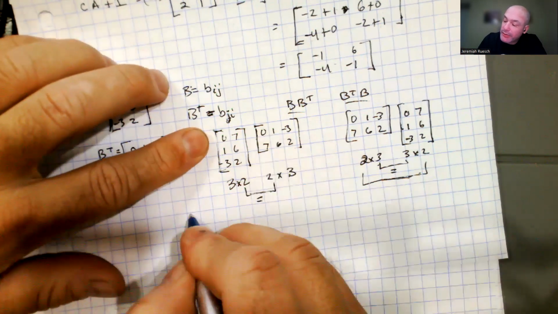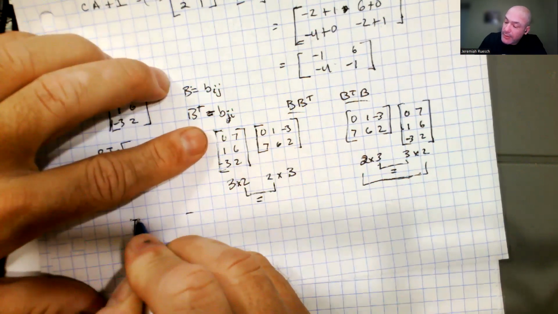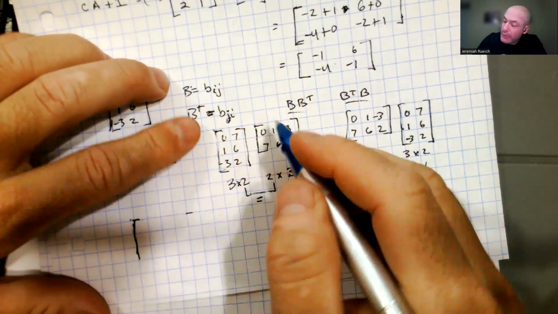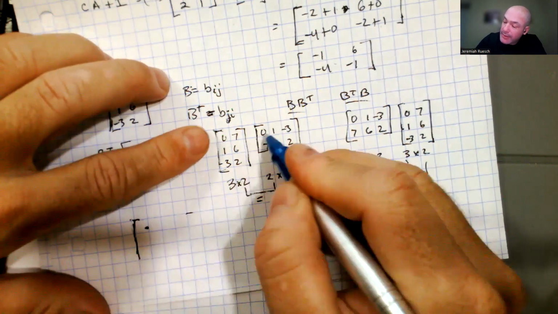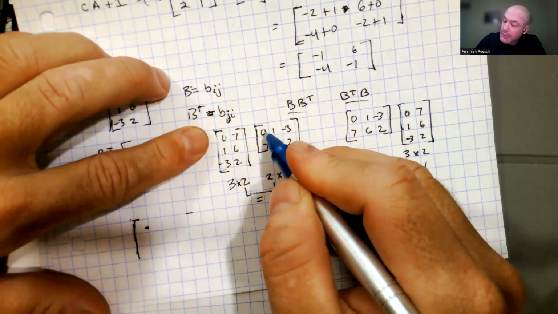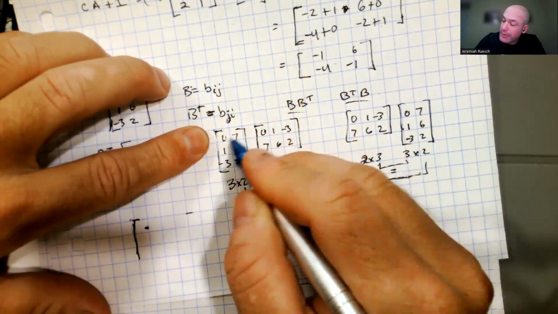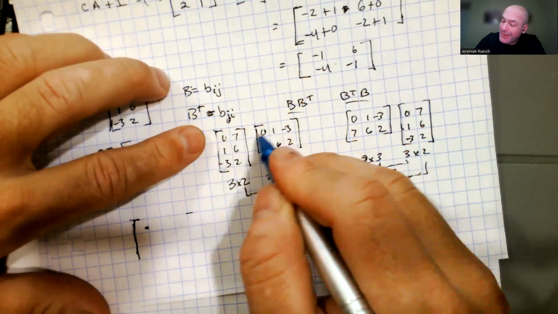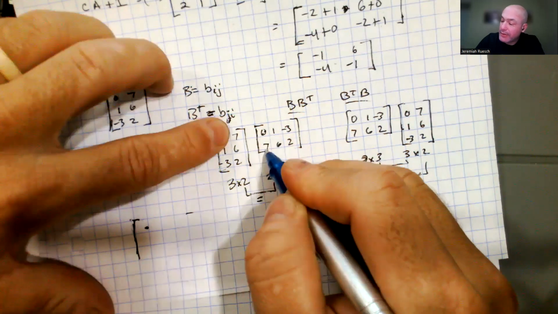Okay, all right, let's go ahead and compute this product just to make sure. I'm not going to do the whole thing, but I'll give you a few elements of it so you can get the sense of how each of the elements are formed. So for the very first element, you're going to take this row and this column and multiply them together. So 0 times 0, 7 times 7.